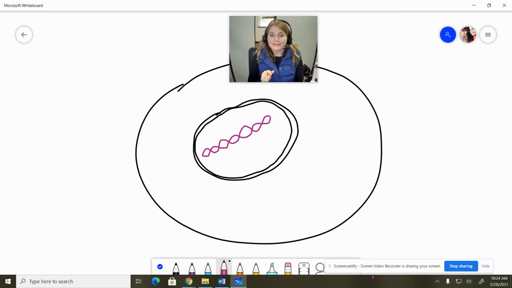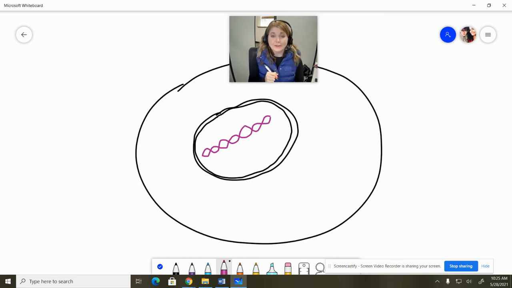In human beings, we have 46 chromosomes, so there's 23 pairs of chromosomes, and each one of them has a very long strand of DNA that's wound around histone proteins and coiled up so that it can all fit nicely and compacted inside of that nucleus. Your lesson talks about how long your DNA actually is.